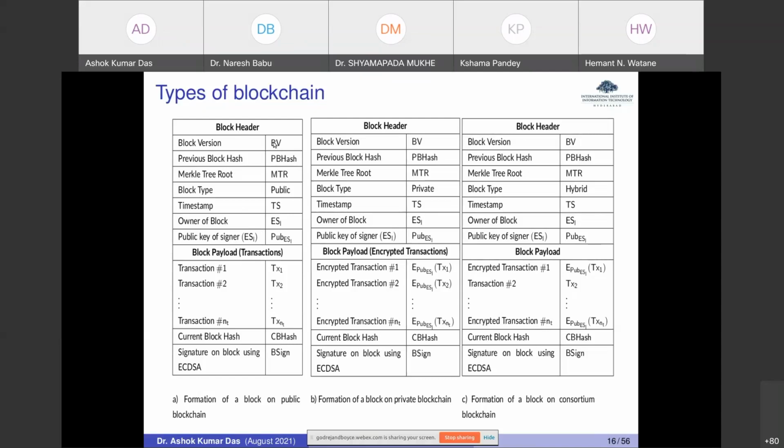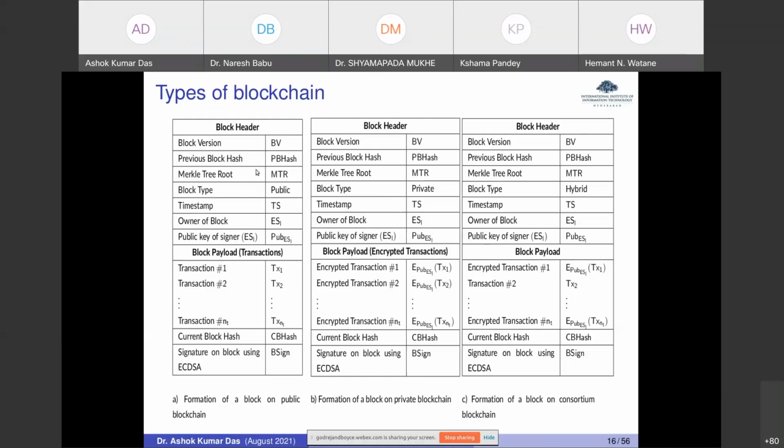Now, the block header typically consists of the following fields. It consists of the block version, which is a unique serial number or integer value, and the previous block hash. Whatever the previous block was, the hash of that block will be put here, so that it forms the chain with the incoming blocks put in the blockchain.